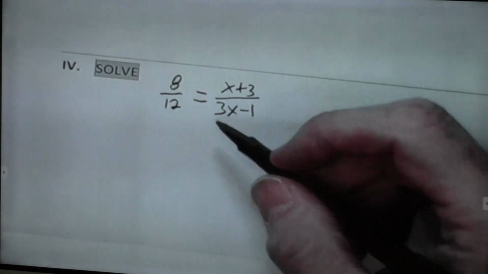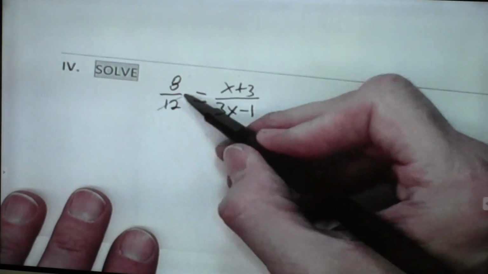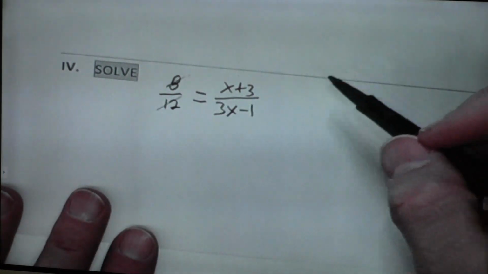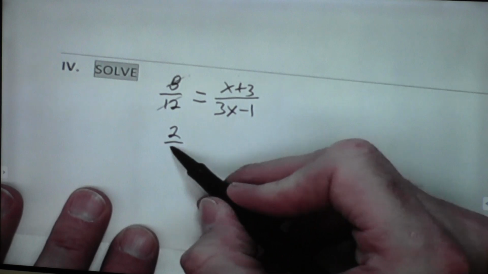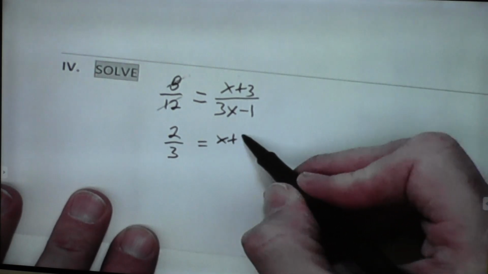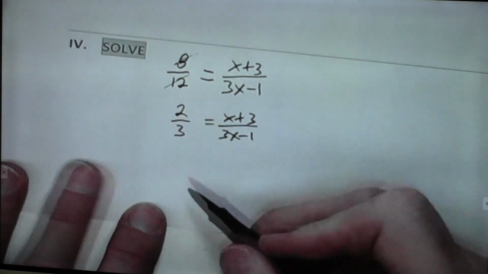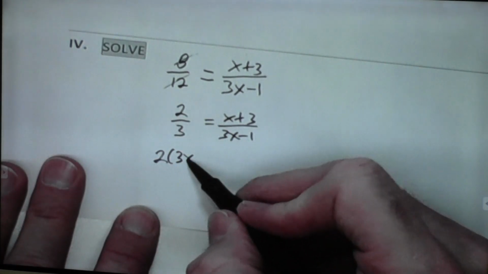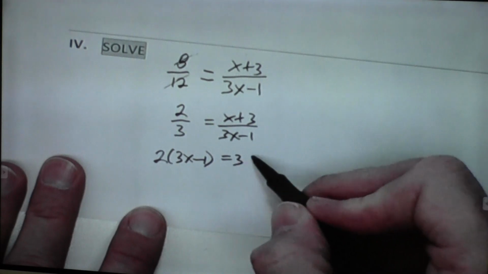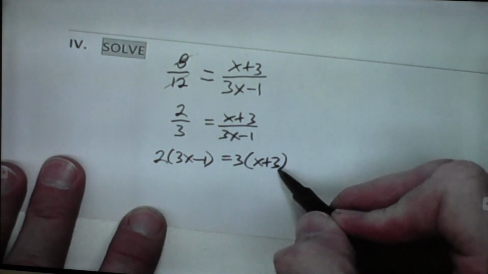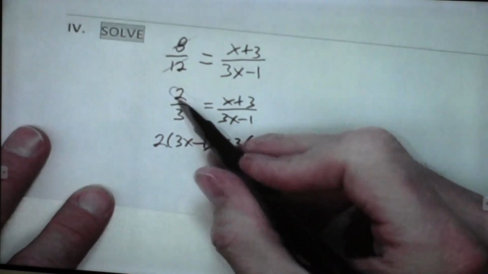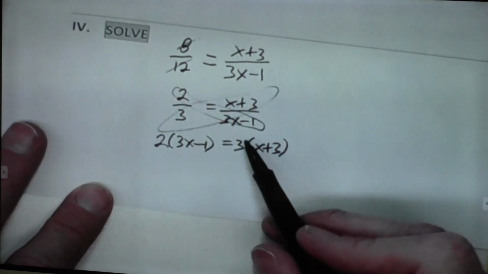You've done this before. First thing you should do, of course, is simplify those, because if I divide them both by 4, I'm going to get 2 over 3 equals x plus 3 over 3x minus 1. Cross multiply: 2 times 3x minus 1 equals 3 times x plus 3. So I just cross multiply these. Let's make sure I got them right.